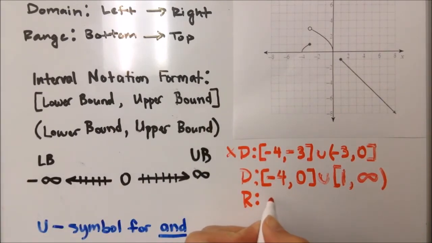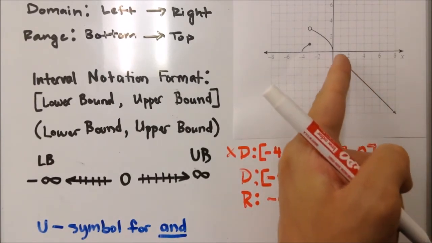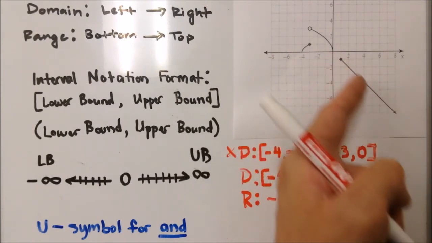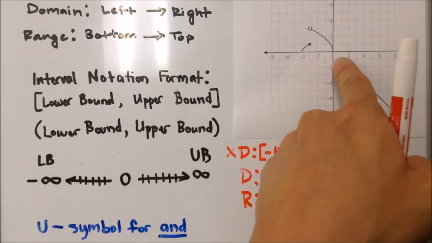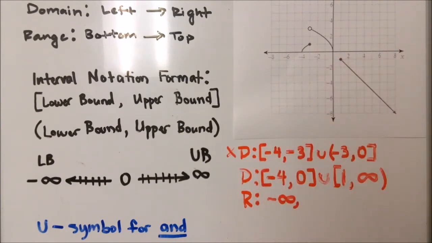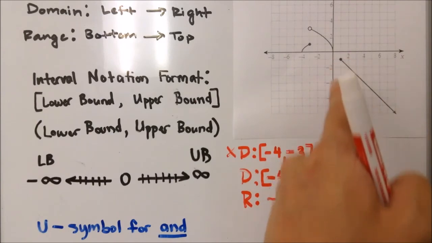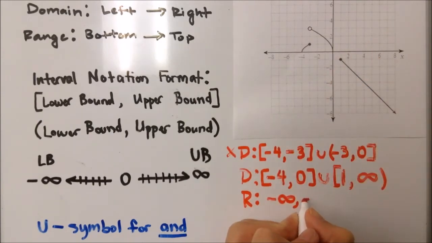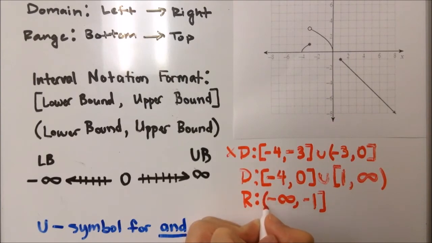So we're going to start with negative infinity, comma, and then with respect to the y-axis, going towards the top for range, we can see that it ends at -1. So I'm going to use -1, and it has a closed circle, so I'm going to use a bracket on that -1. But I'm using a parenthesis on the negative infinity.